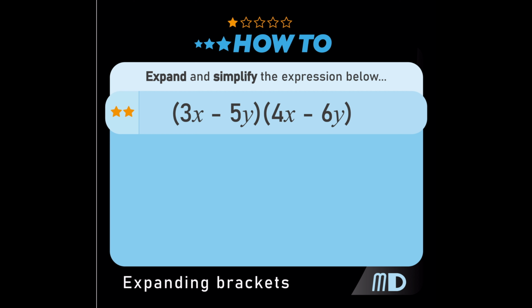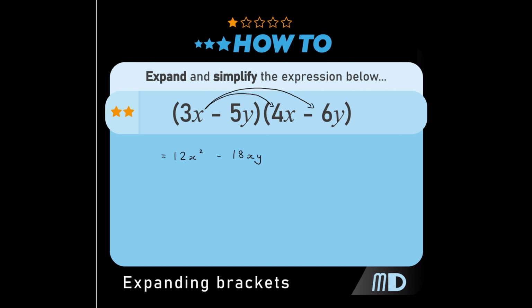To begin, we multiply 3x by each term in the second bracket. So 3x multiplied by 4x is 12x squared, and 3x multiplied by minus 6y is minus 18xy.